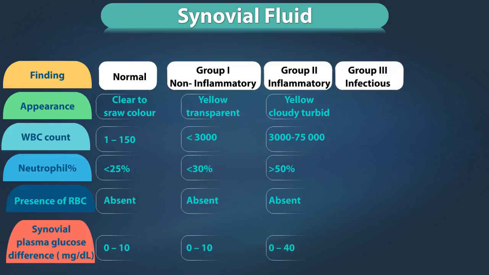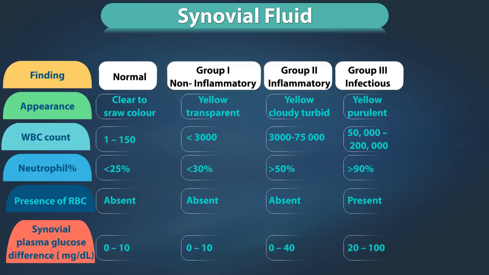The group 3 or the infectious group has a synovial fluid which is yellow and purulent with a high WBC count of 50,000 to 200,000, more than 90% neutrophils. RBCs may be present, and the synovial plasma glucose difference of 20 to 100 milligram per deciliter.